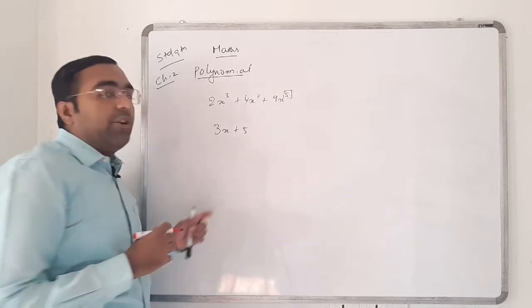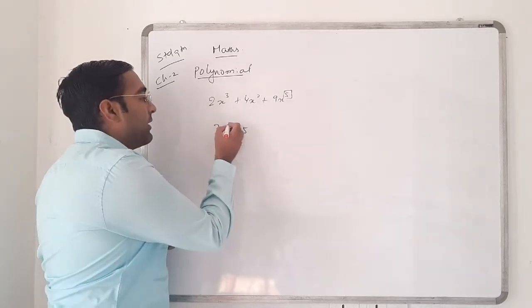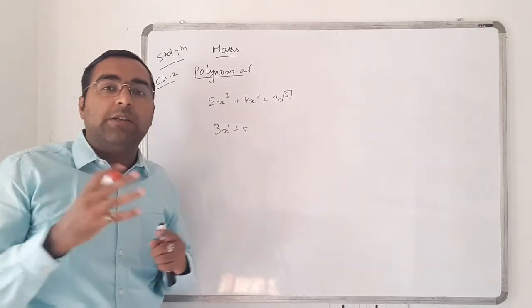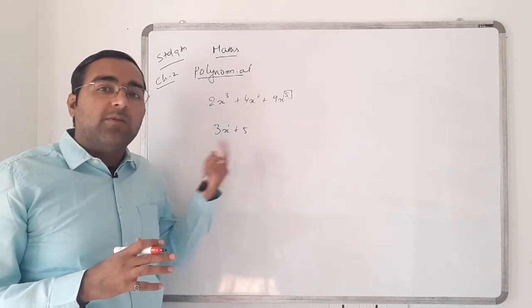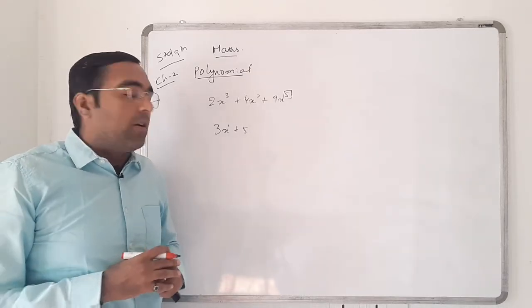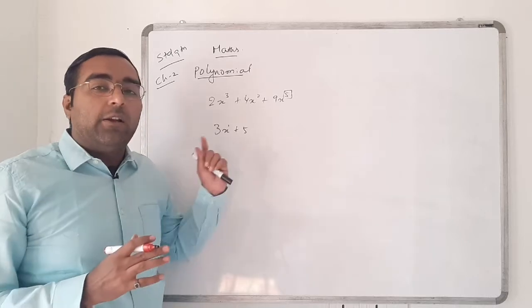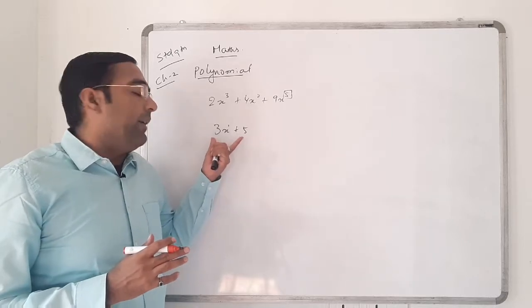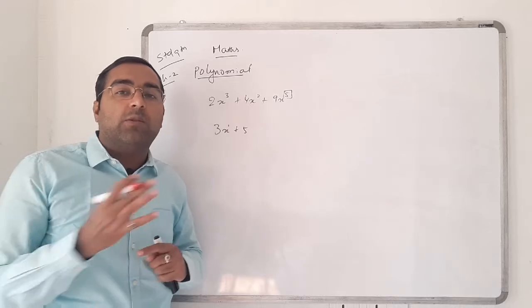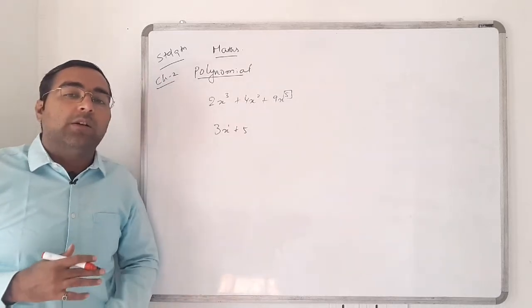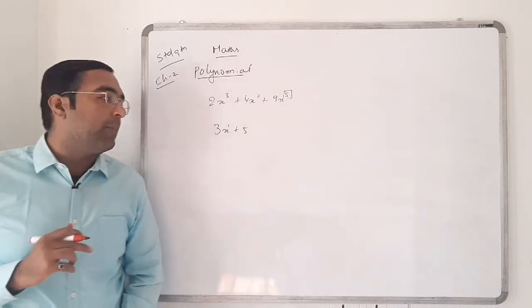This is a linear polynomial where the power of x is 1, so the degree is 1. That's why it is called a linear polynomial and linear equation. Since it uses only one variable x, we say it's a linear equation in one variable.